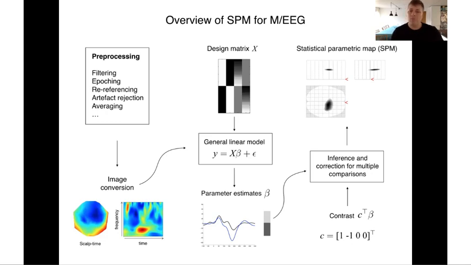And this allows us to invert the model and estimate the parameters. And using a contrast of these parameter estimates, so C contrast C times beta, we can make inferences about effects, so ERPs or time frequency power, or indeed in 3D source space. And at this point, we would usually also correct for multiple comparisons using random field theory.